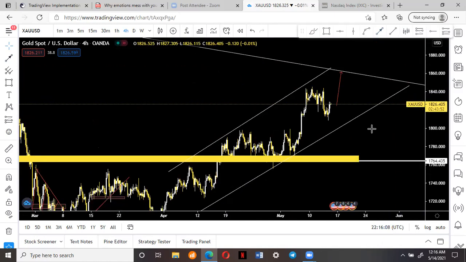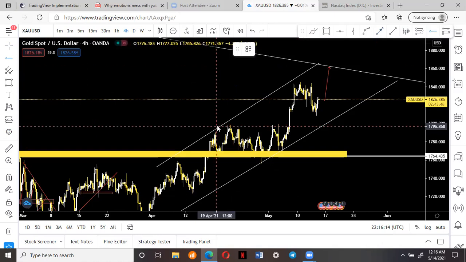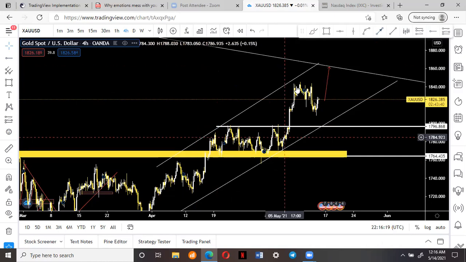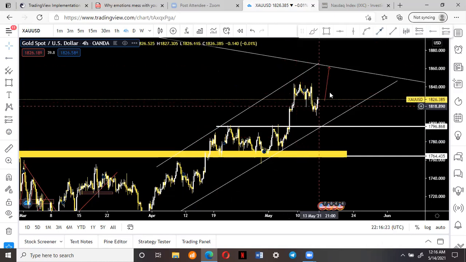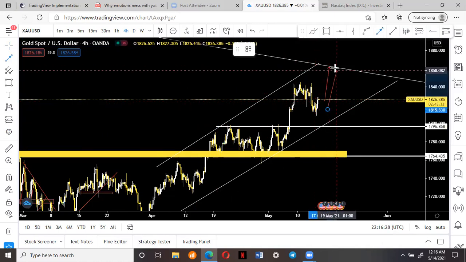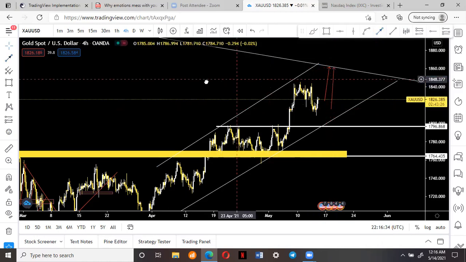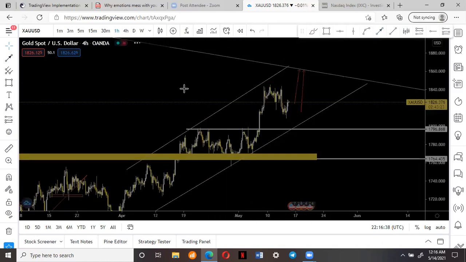We had an impulsive move and correction, impulsive move. Now we came back again to collect some orders. Then eventually price is going to reach this level here. So that's the end goal now. Yeah, that's the overall market structure right now.